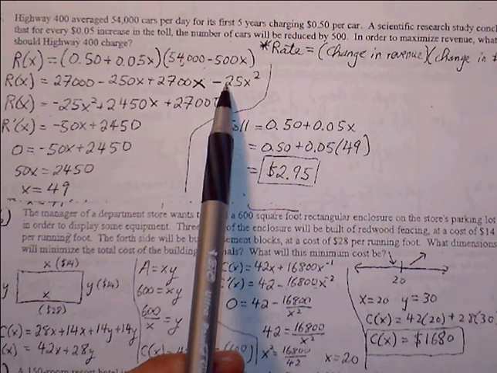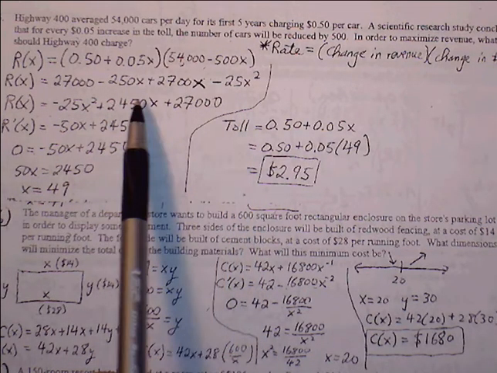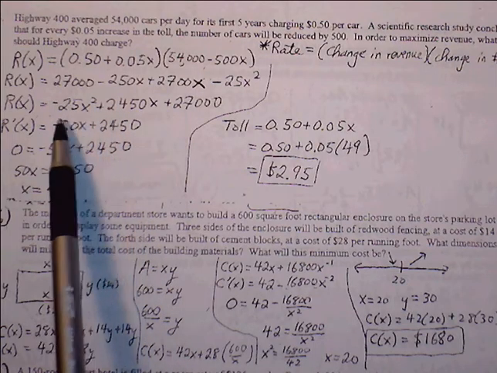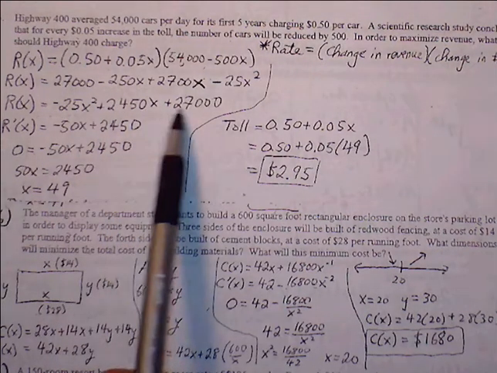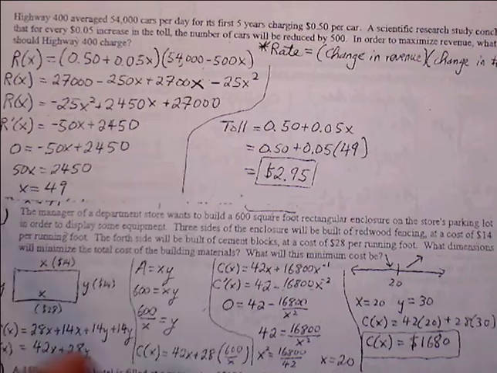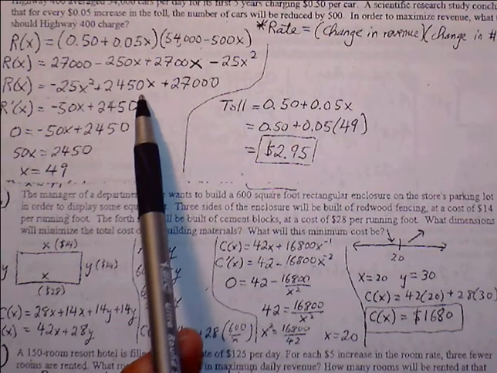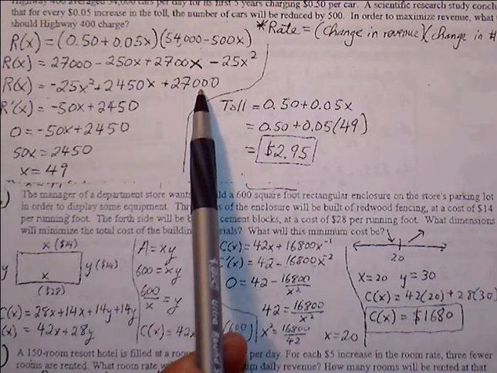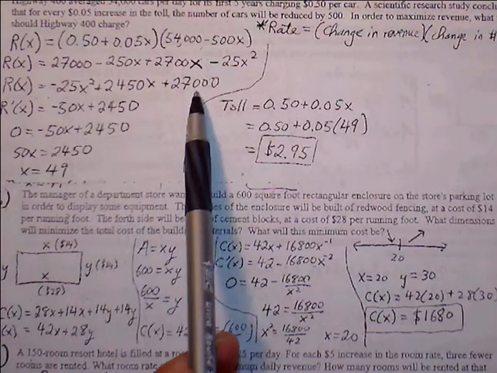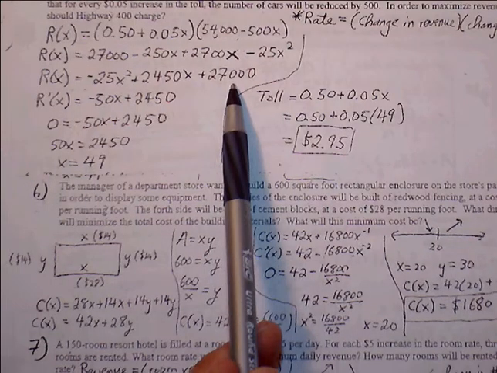Using our calculator, we can combine like terms here, and then I'm going to rearrange this in decreasing order of degrees: negative 25x squared plus 2450x plus 27,000. Here's our equation, now set up and ready for power rule.